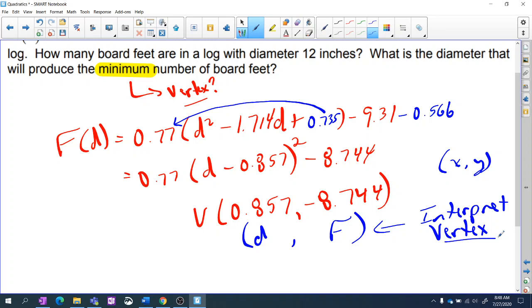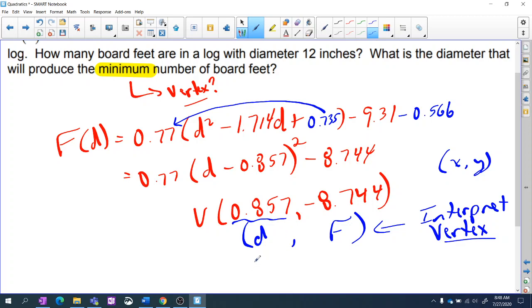Now the question is, there were 2 questions, so I missed one actually. I went right to the second one. So we're answering this one right now. We'll answer the other one in a moment. It says, what is the diameter that will produce the minimum number of board feet? The only thing I don't like here is I'm getting a negative for the board feet, which seems like an odd situation, because 0 would probably be the smallest amount of board feet you could come up with, but anyway, we're just going to go with the function and what it spit out.